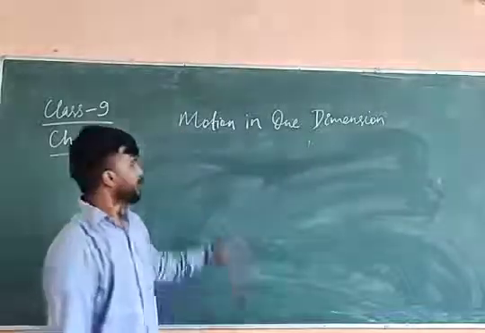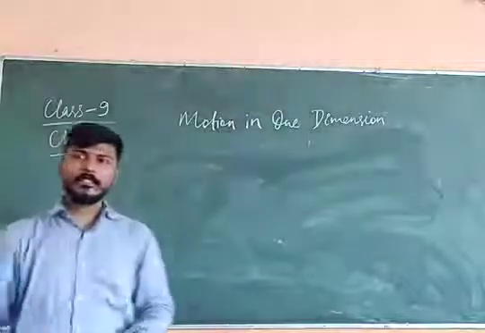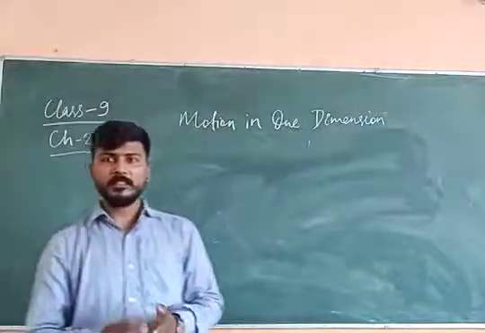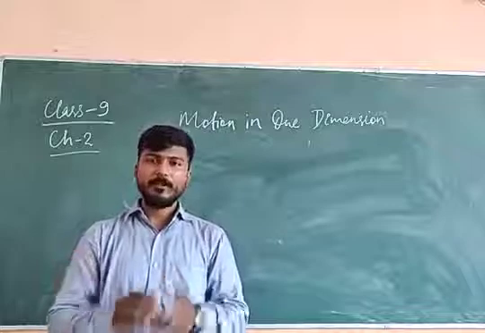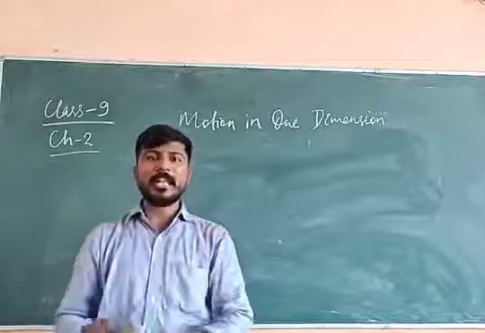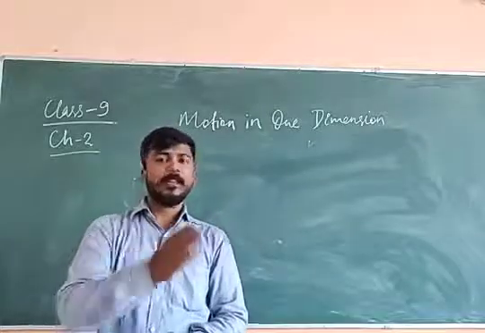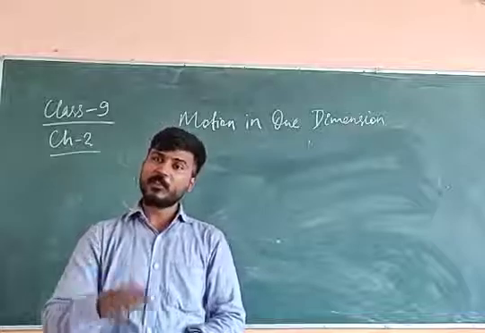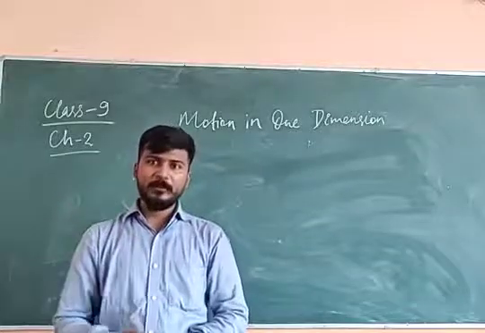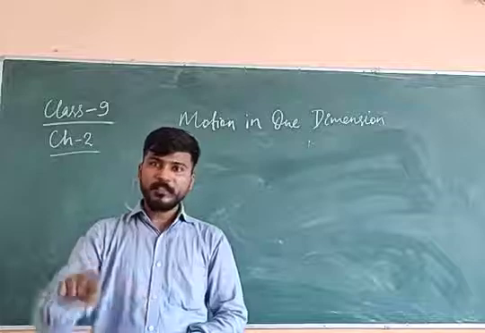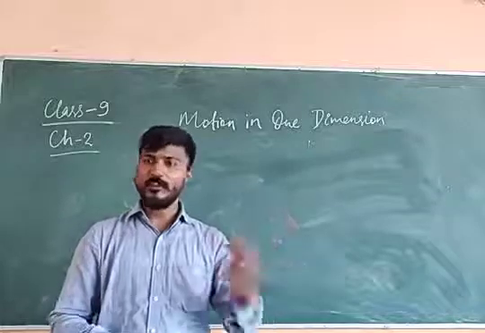Clear? Acceleration is the rate of change in velocity per unit time. Means change in velocity per unit time is known as acceleration. Acceleration is also a vector quantity because of velocity.